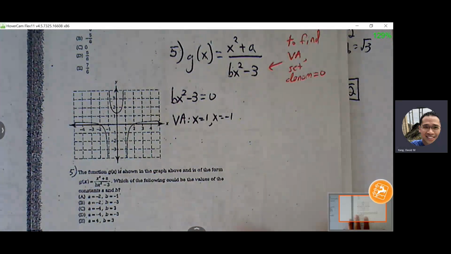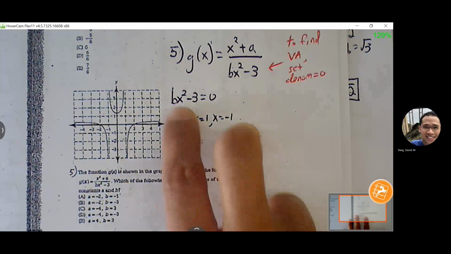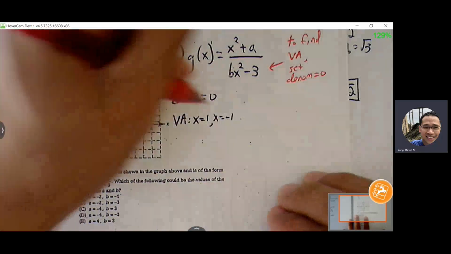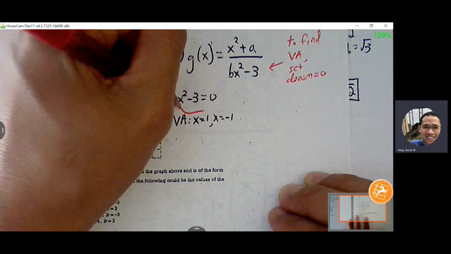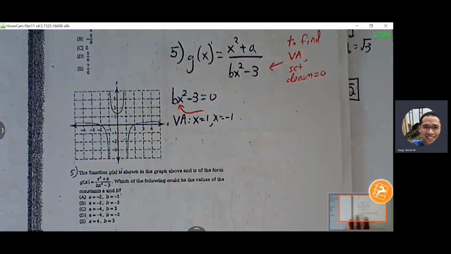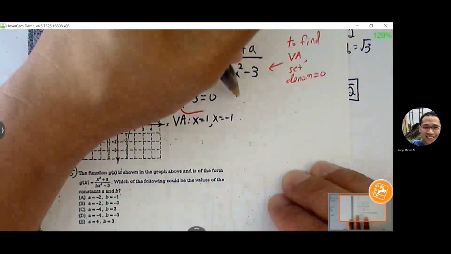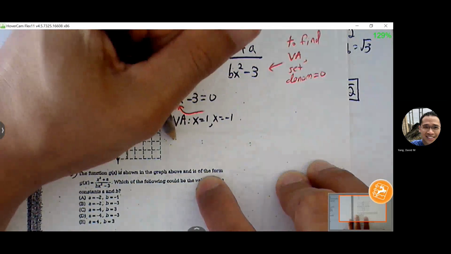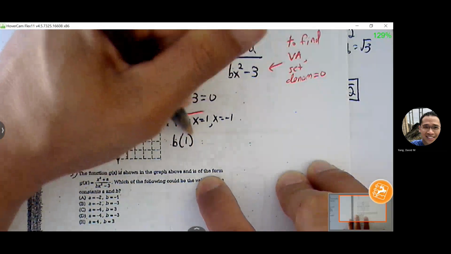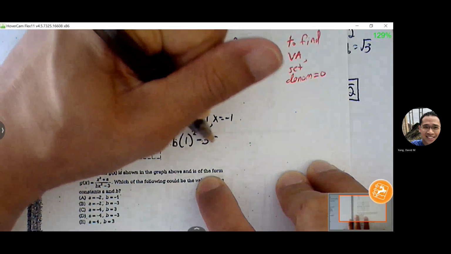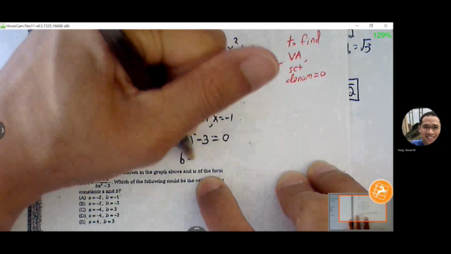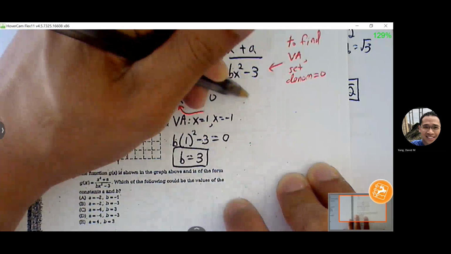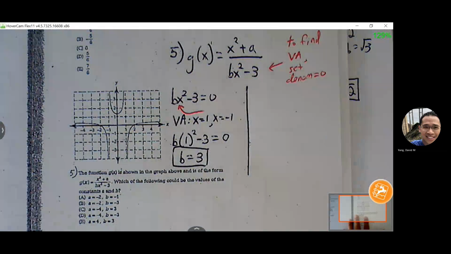Does it matter if I plug in 1 or -1? X is squared, so I'll get positive either way. So there's our strategy to solve for b. So our b value is 3.